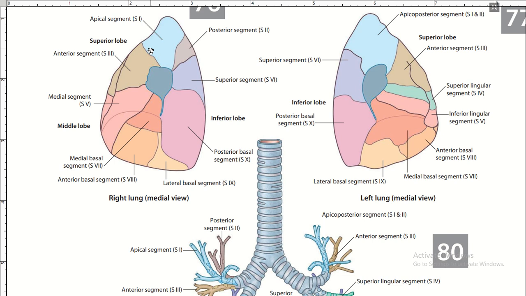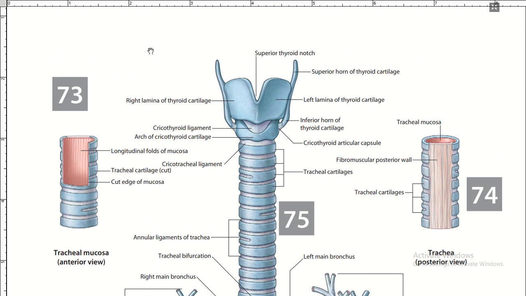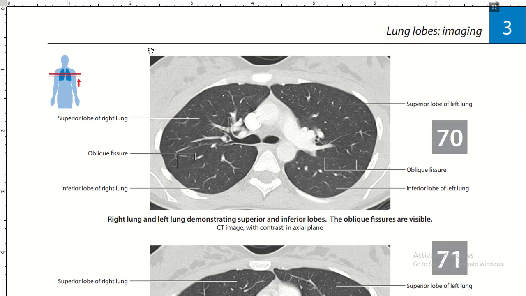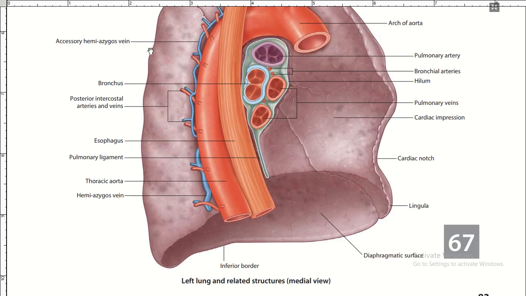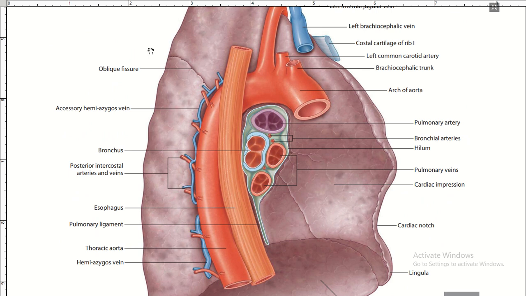What about the non-respiratory circulation? Because remember, your lungs are also organs, and since they are organs, they also need blood. So they are not supplied by the pulmonary artery because the pulmonary artery carries deoxygenated blood coming from the right ventricle, right?